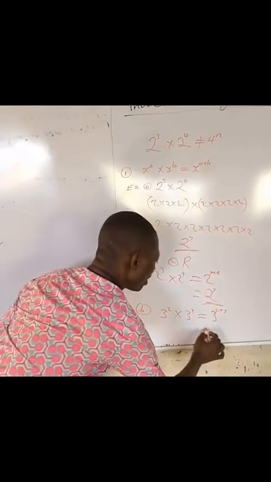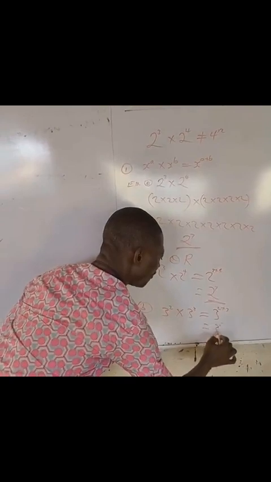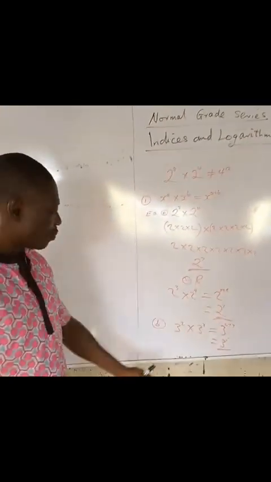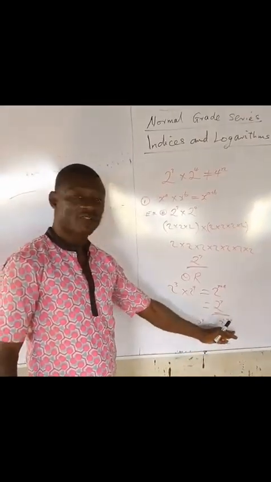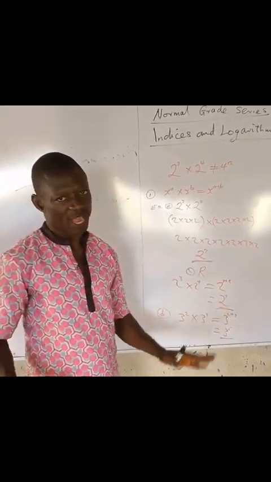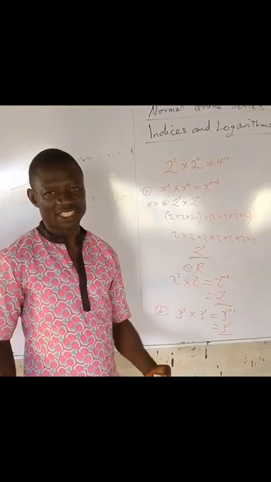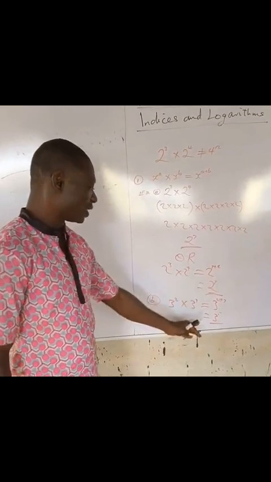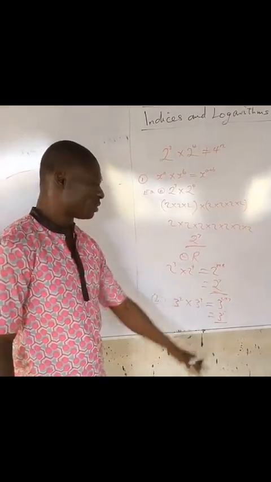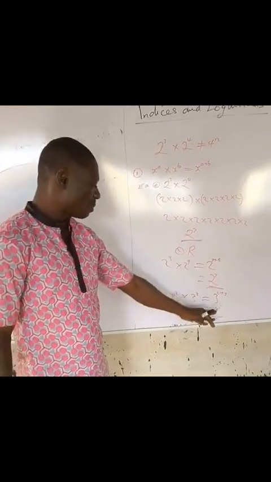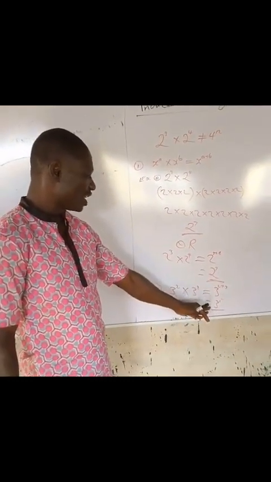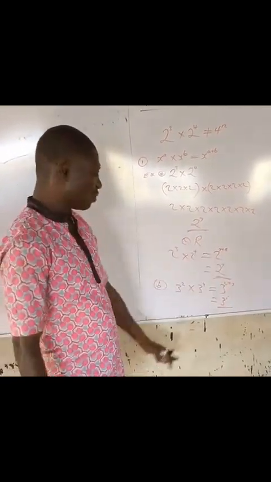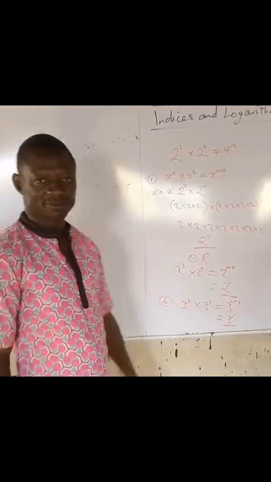And so we have 3 raised to the power 5 as the last answer. When the number is up to raised to the power 5, we can leave it like that. We can also expand when it is smaller than that. In whichever way, we can always multiply out if it is small. For instance, 3 raised to the power 5 is 3 times 3 times 3 times 3 times 3, in 5 places.